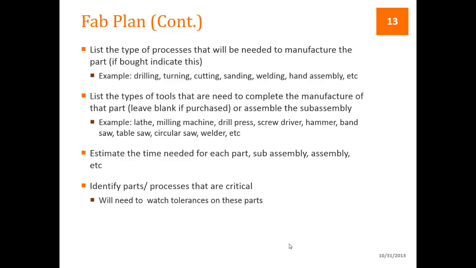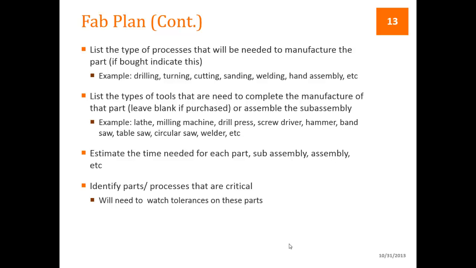For the sub-assemblies and the assemblies, you're going to be talking about similar things for assembly, right? So if we're taking 4 pieces of wood and we're gluing them together, then our process would be gluing, and that's going to show up under the box for the sub-assembly, right? Whereas to make the pieces of wood, we might have been cutting and sanding, right?